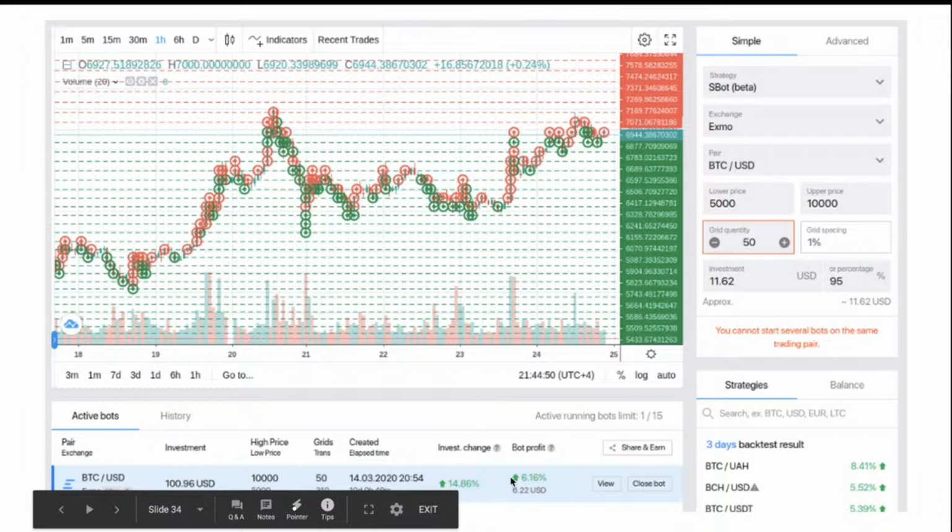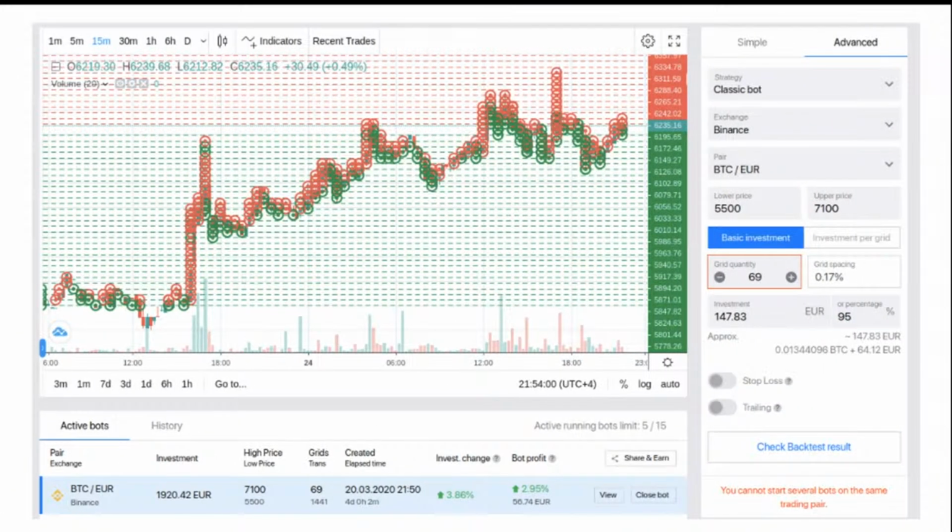So it takes into account the price appreciation of BTC and the added value that the bot has managed to accumulate for you. These 6% are already priced in the investment change. So that's the added value effect. That's the profit maximization.